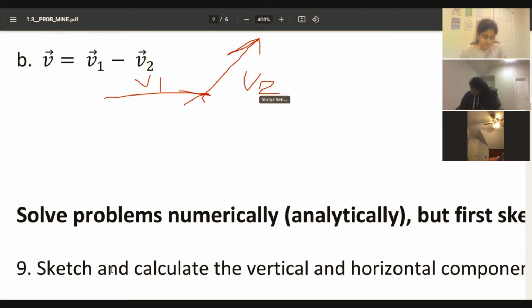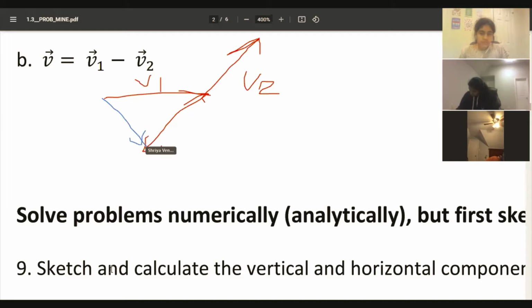Now this is how you add these two vectors, but we have to subtract them. So I'm just going to flip V2 so the direction's the exact opposite. So it becomes like that, and your resultant vector is this blue line.